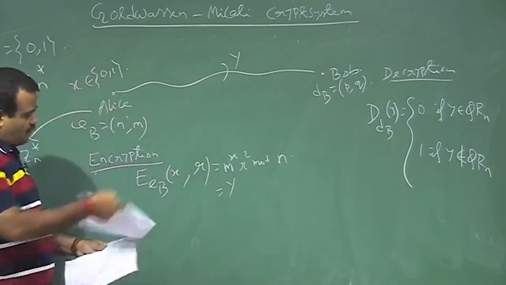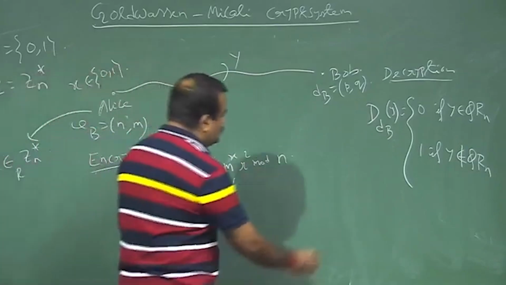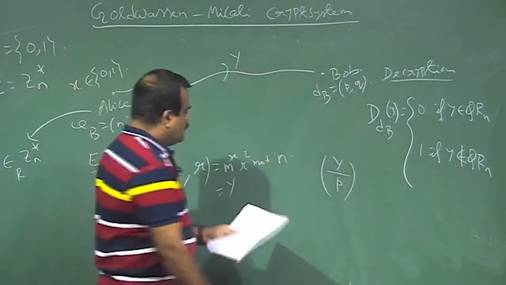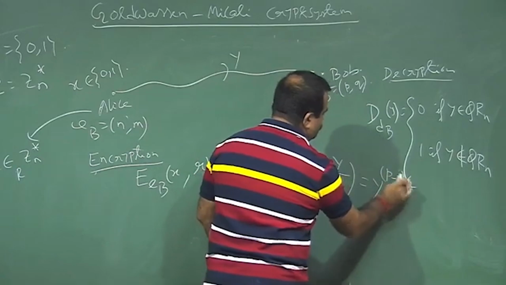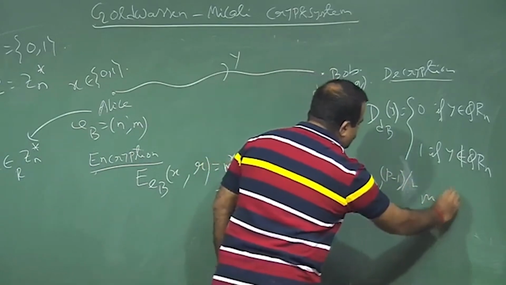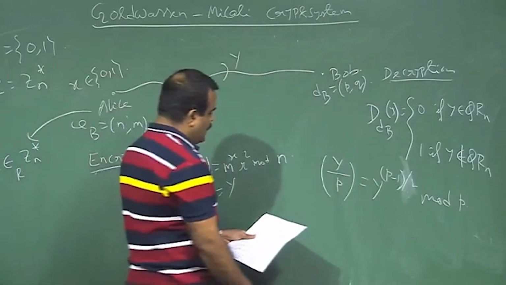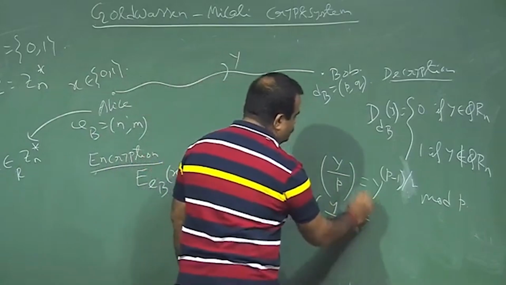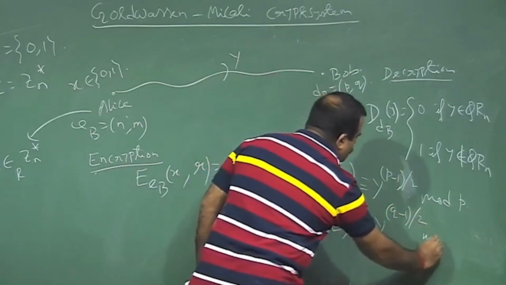To check that, what can Bob do? Bob has to calculate the Legendre symbol of y by p, and check whether it is congruent to y to the power (p minus 1) by 2 mod p. Also Bob has to check whether y by q is congruent to y to the power (q minus 1) by 2 mod q.